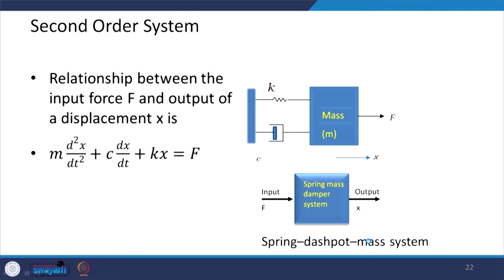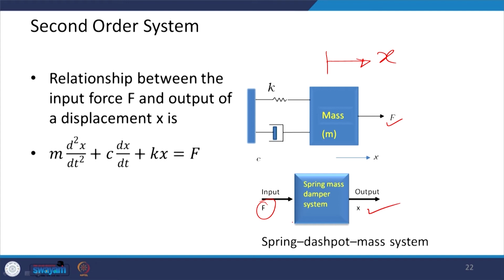So, let us take a simple spring mass damper system over here, excited by an external force F. In this case my input is F and the output is the displacement x over here.